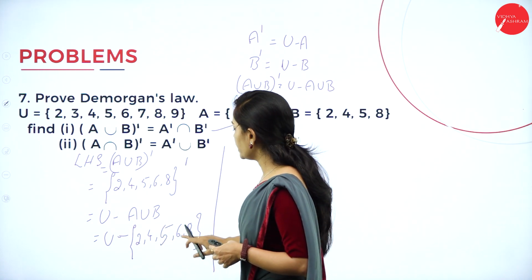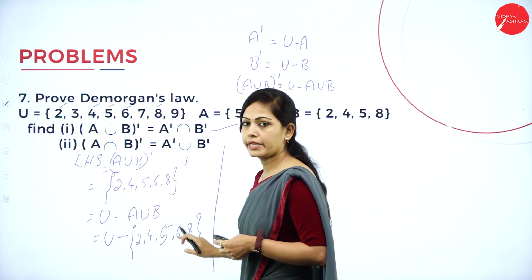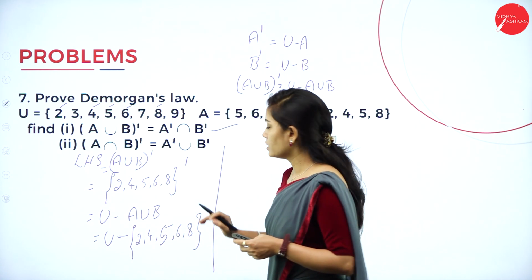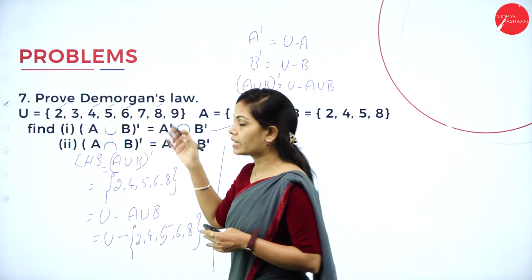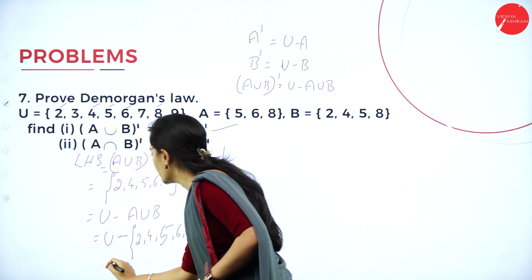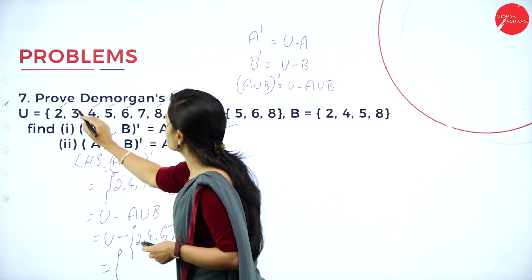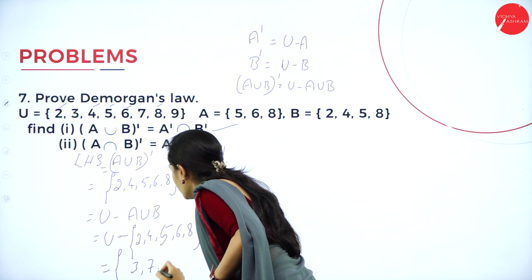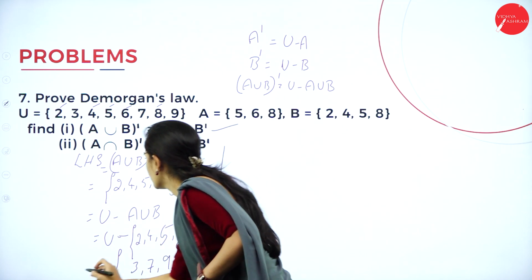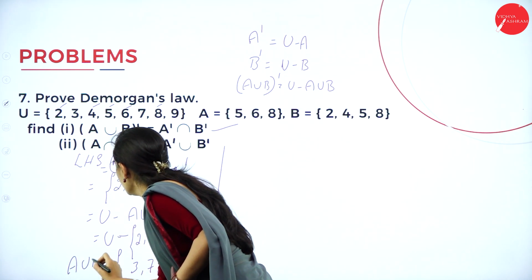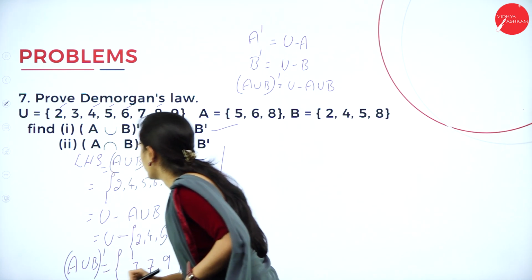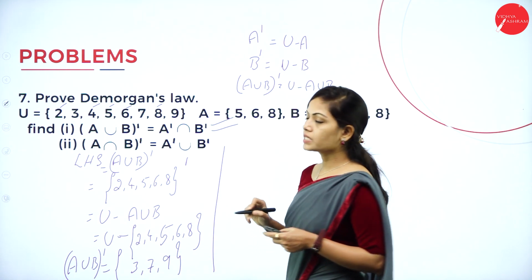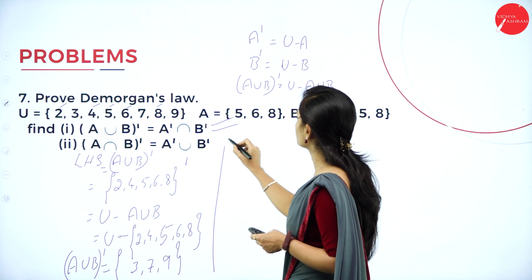Which are common in both sets? 2, 4, 5, 6, 8 are common in the universal set as well as A union B. You skip the common elements and write the remaining elements of the universal set, that is 3, 7, 9. So 3, 7, 9 is your (A union B) whole complement. Now I will prove this A dash intersection B dash.